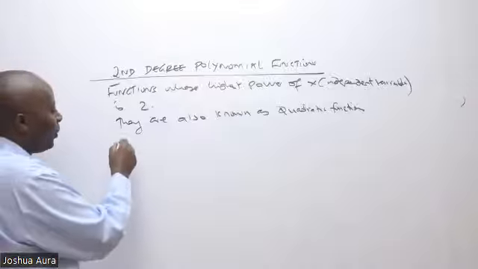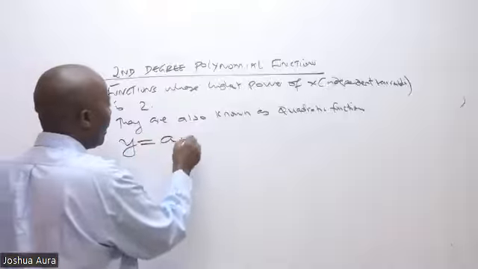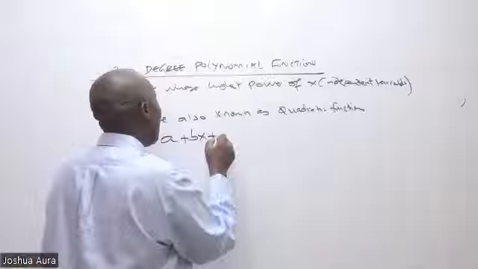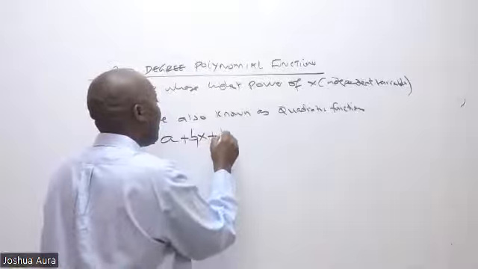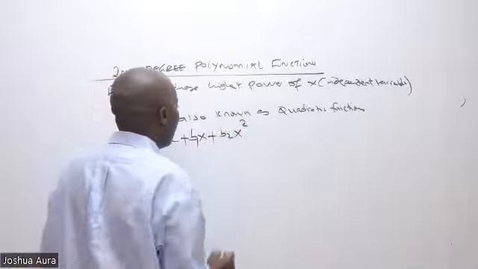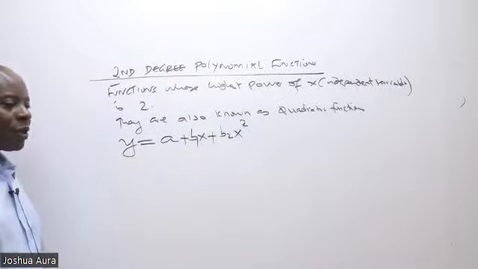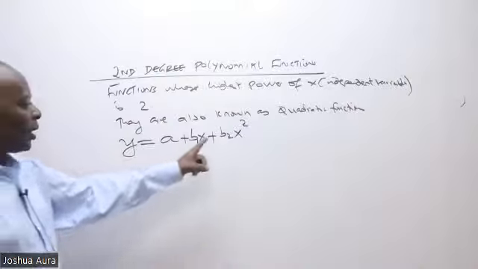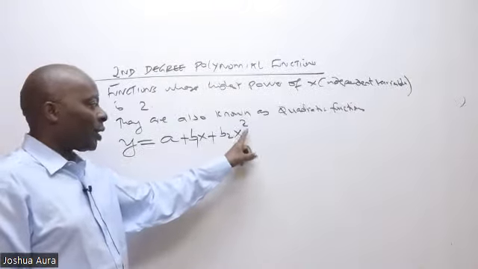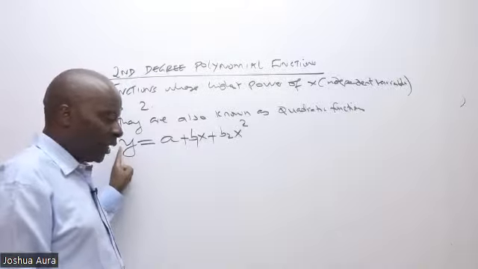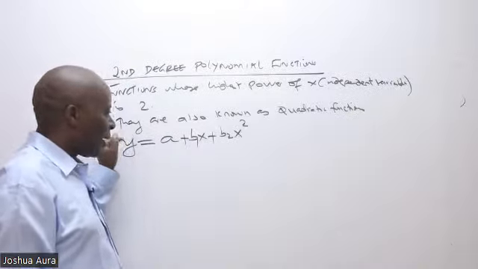Their general form is y equals a plus b1x plus b2x squared, like that. Any function whose highest value of x is squared. Remember, for you at your level here, y, the dependent variable, can only be raised to 1.